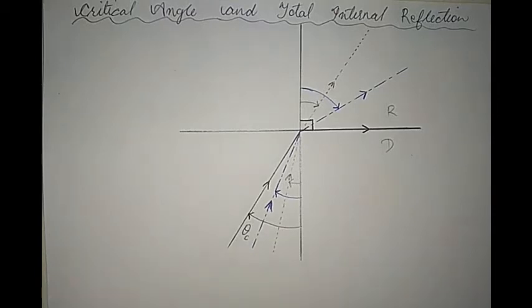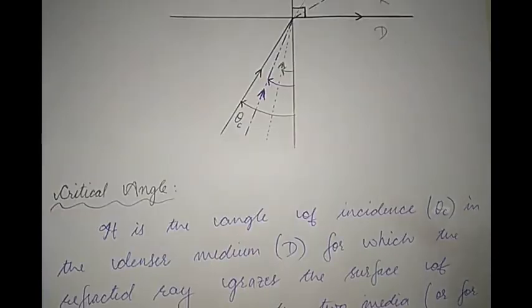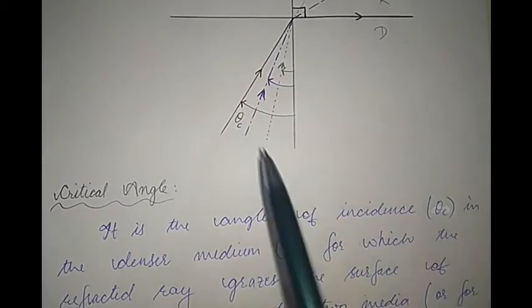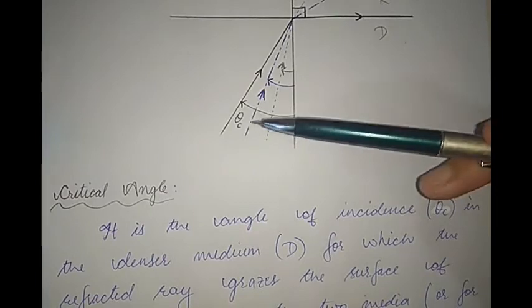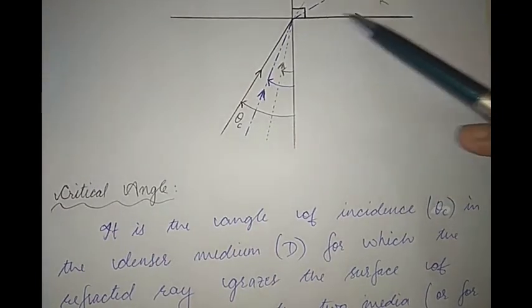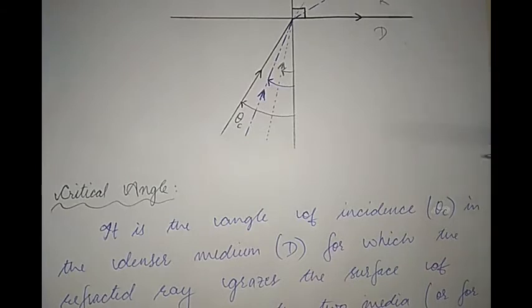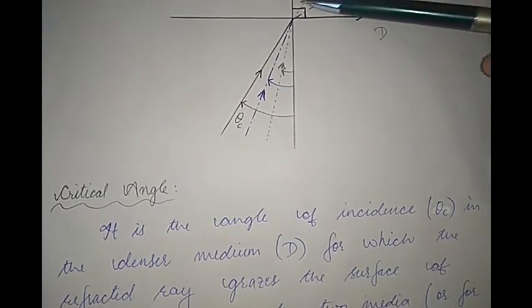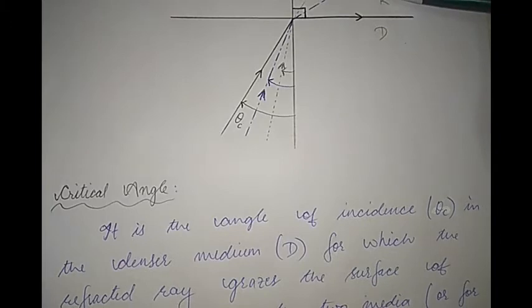It is called the critical angle. Therefore, the critical angle, denoted by theta c, is the angle of incidence in the denser medium for which the refracted ray grazes the surface of separation between the two media, or for which the angle of refraction in the rarer medium is 90 degrees.